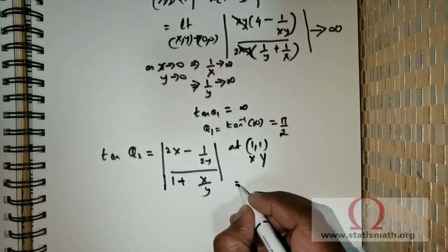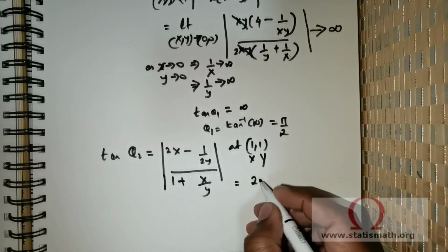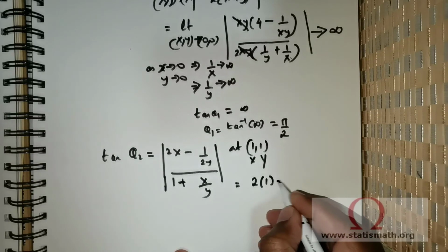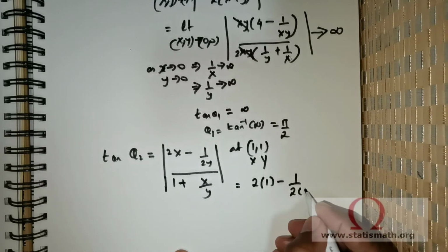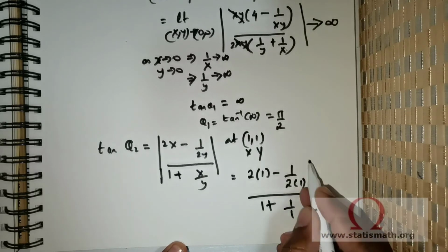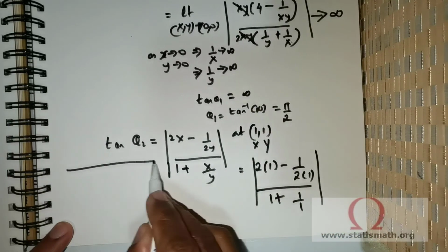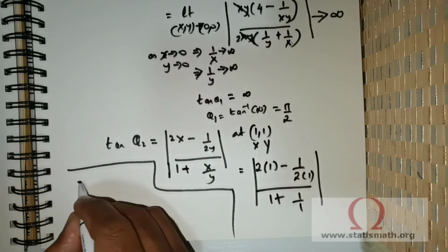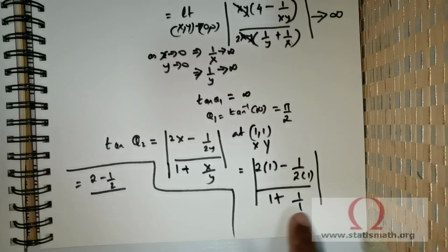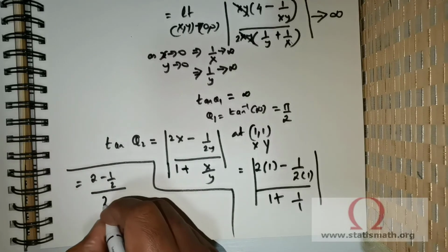So using that, we would clearly settle for the following information. That's going to be 2 of 1 minus 1 over 2 of 1, divided by 1 plus 1 over 1, with a modulus. I'm using the space here. So that's going to be 2 minus 1 over 2, divided by 1 plus 1, which is 2.